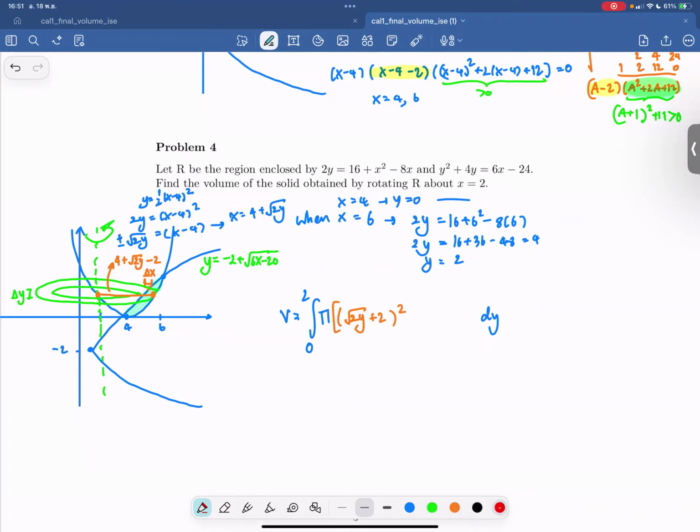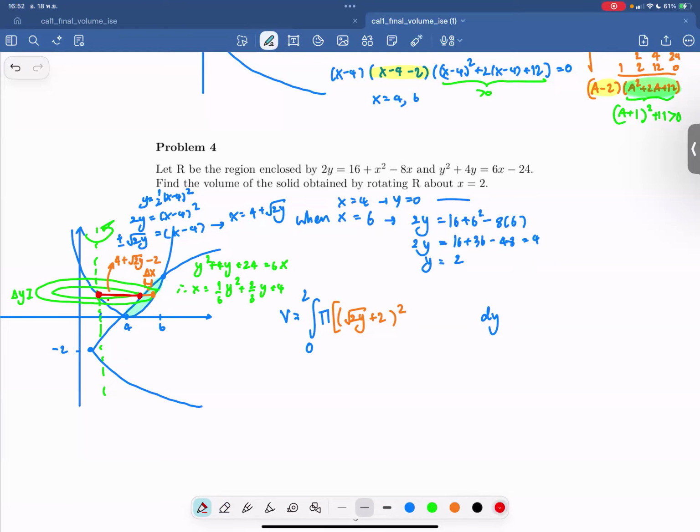And for the inner radius over here, it should be the value in terms of y of this parabola, and then minus 2 again. So I have to rewrite the function as y squared plus 4y plus 24 equal to 6x, and then x equals 1 over 6 y squared plus 2 over 3 y, plus 4.